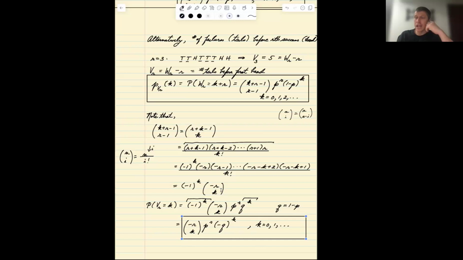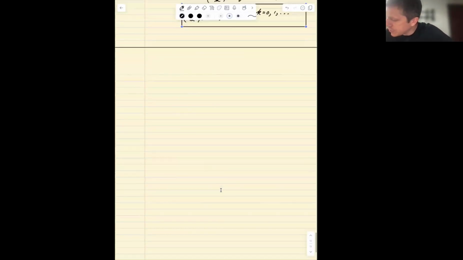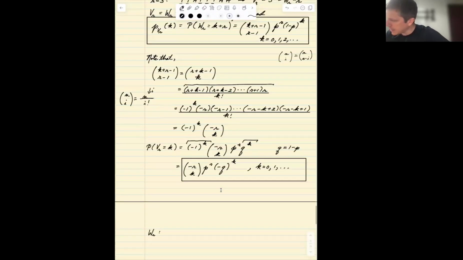However, there's actually a quicker and easier way to do it. The quickest way is to understand the expectation in terms of waiting time, so W_r, for the example that we gave above.